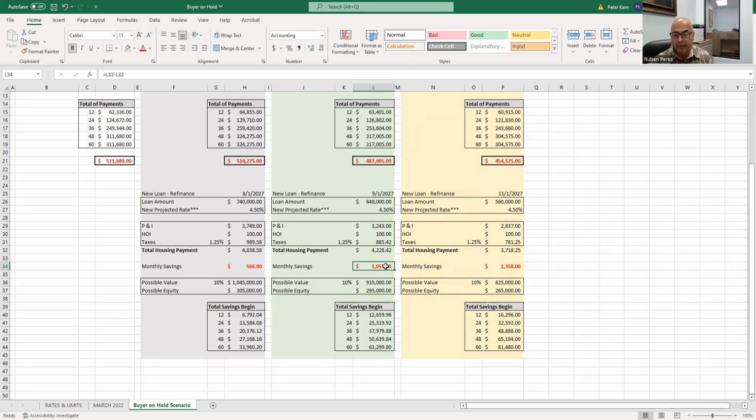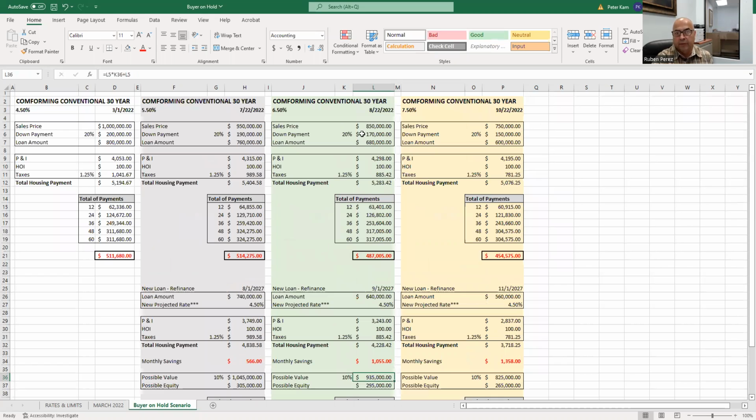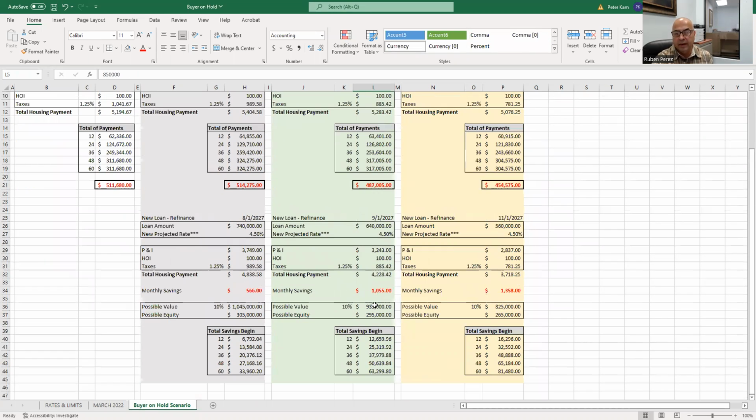So they could potentially save $1,000 monthly after that refinance, giving them a total possible value with a moderate 10% increase in value from 850 to 935. That's not a lot of money. That's very reasonable in year 5. Their possible equity is 295.